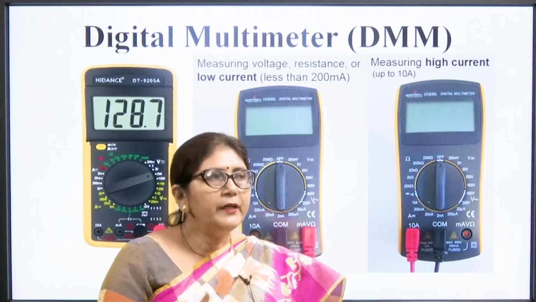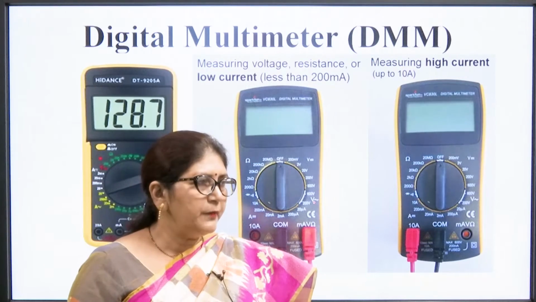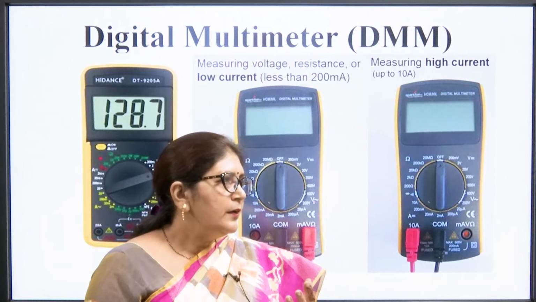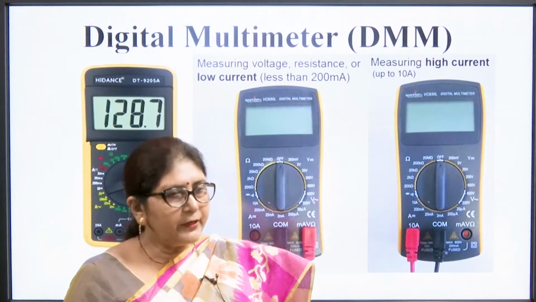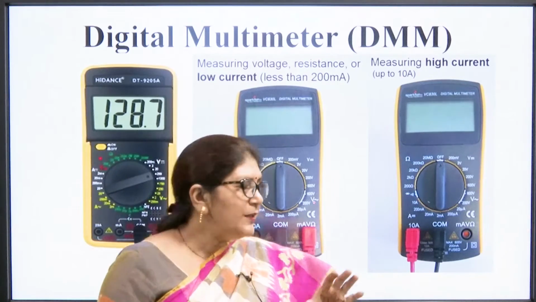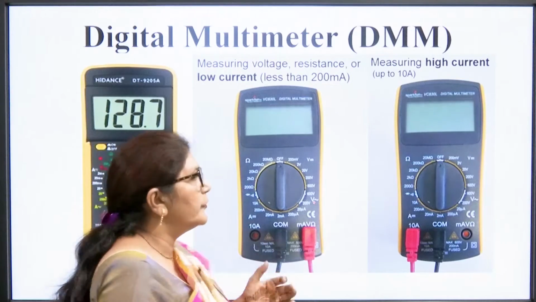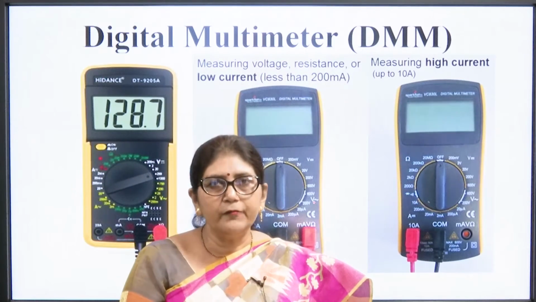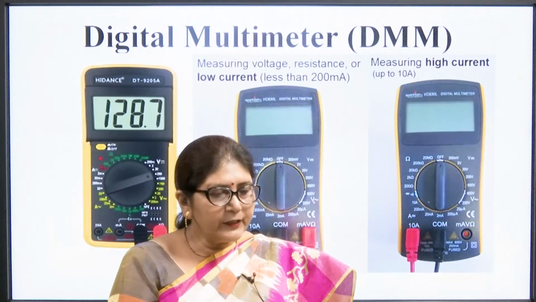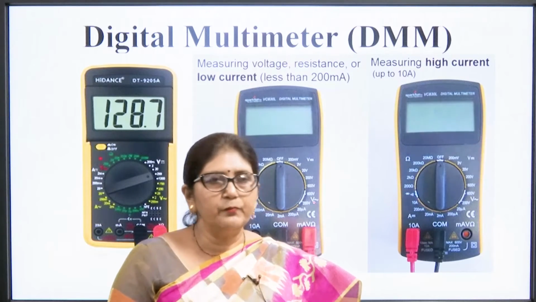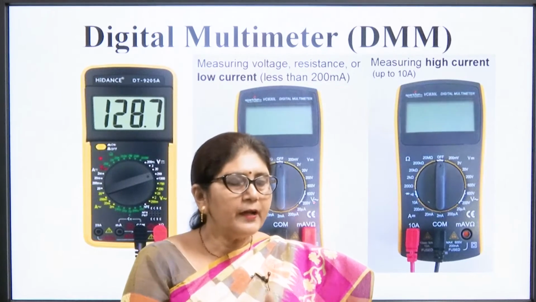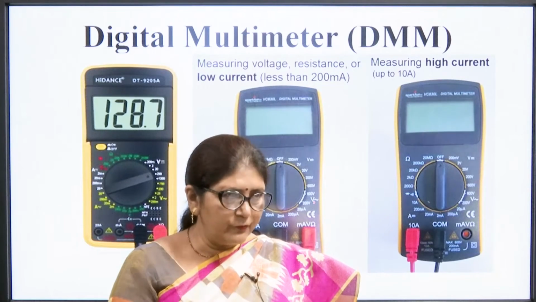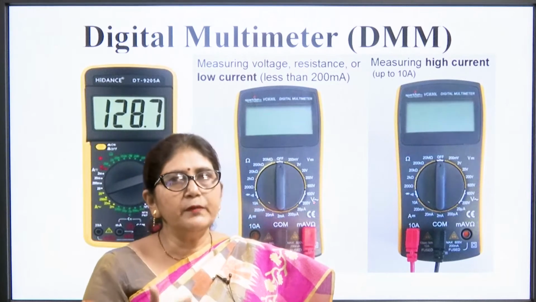Similarly, we have 4.5 digit multimeters, 5.5 digit multimeters, and nowadays there are multimeters which can represent the value of the whole digit, which also changes from 0 to 9. So, multimeters having more digits will have high resolution, because they can measure the minimum quantity.